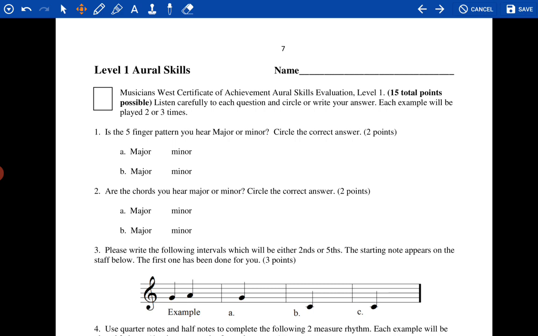Okay, now I'm going to play some patterns in random order. It might be major, major, minor, minor. It can be major, minor, minor, major, major. There's no order in that, okay? So you have to guess correctly. Listen to the first one. That was minor.